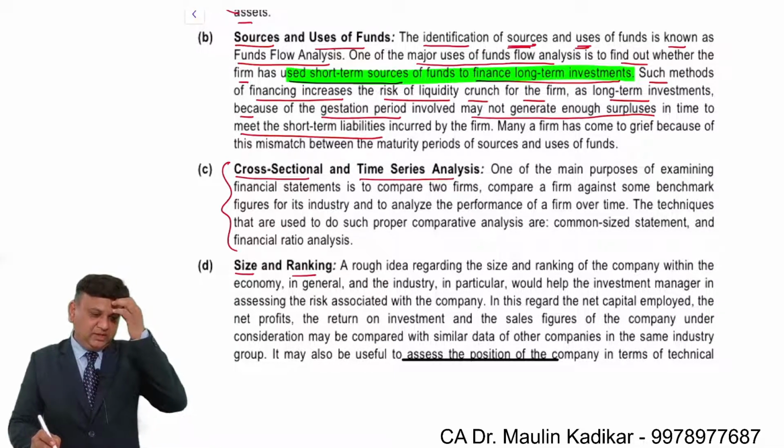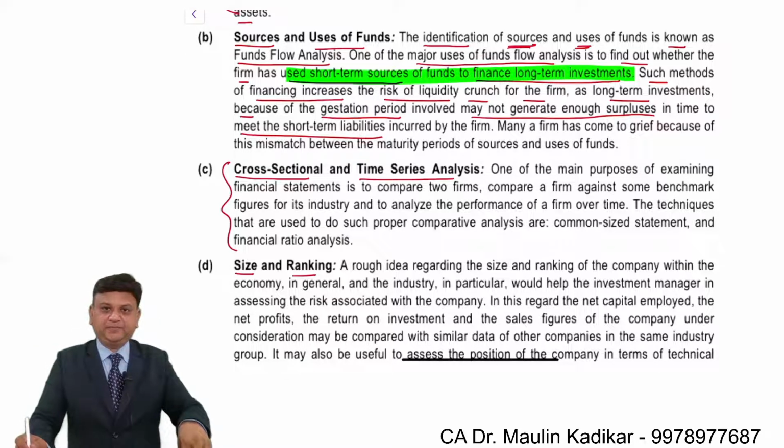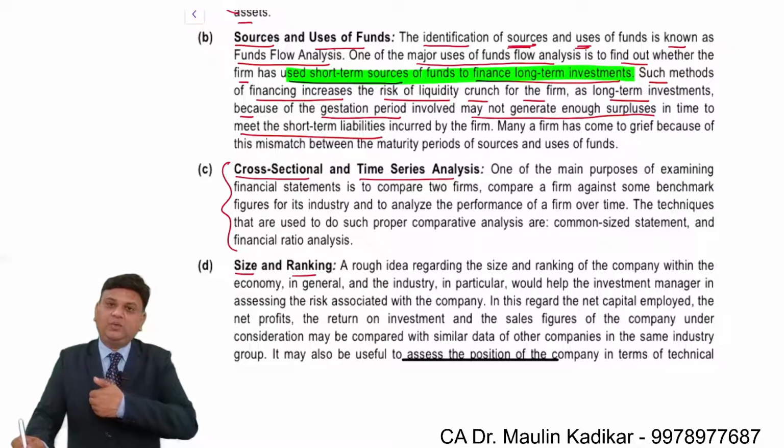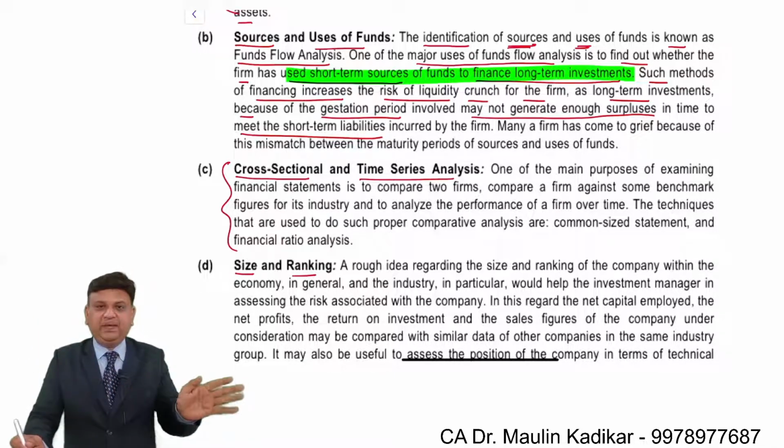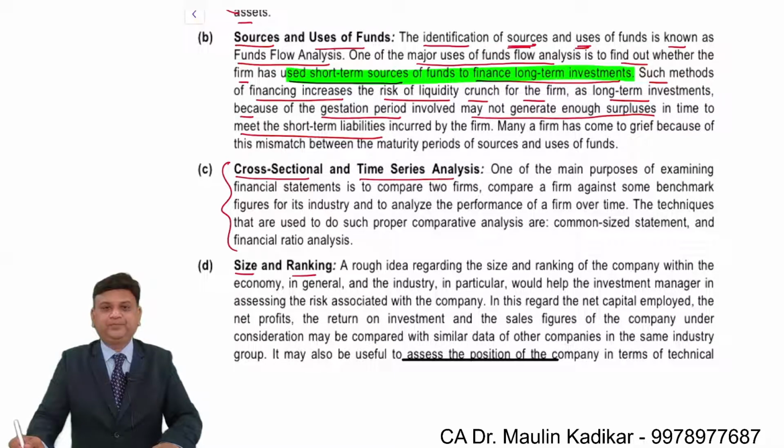You cannot have public deposits or a bank overdraft for the purpose of construction of a factory. You are foolish if at all you do so. Why? Because the construction of the factory is going to give the return over 10 years, 20 years, and with that you will be able to make the repayments.